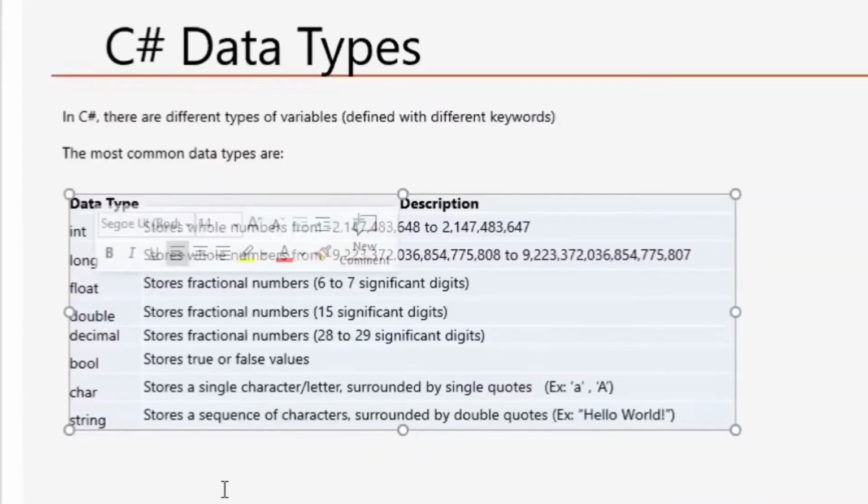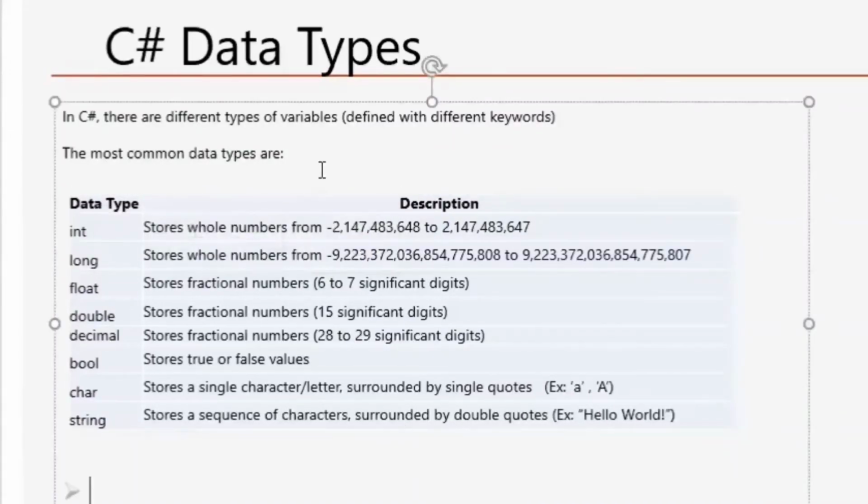So these are the words we discussed earlier, keywords, reserved words. For example, in int, everything is in small case. As we discussed, C# is a case sensitive language, so we should use this word as it is in our coding.